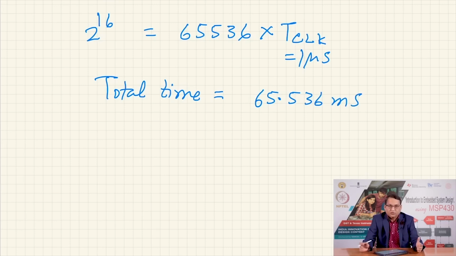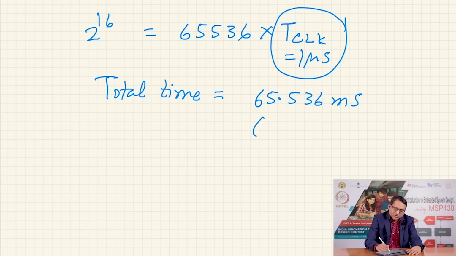If you want to measure more time, one way would be to increase this period, which means reduce the frequency. If you multiply it by 10, you would get 10 microseconds, and then you can measure up to 655 milliseconds and so on.